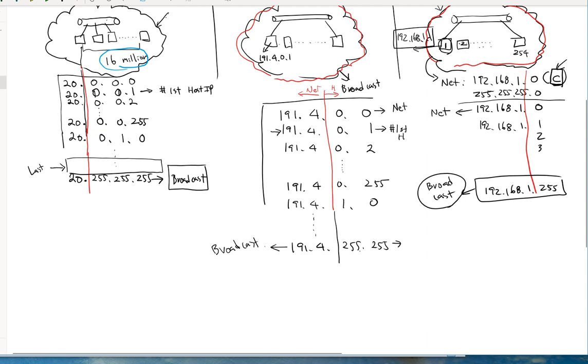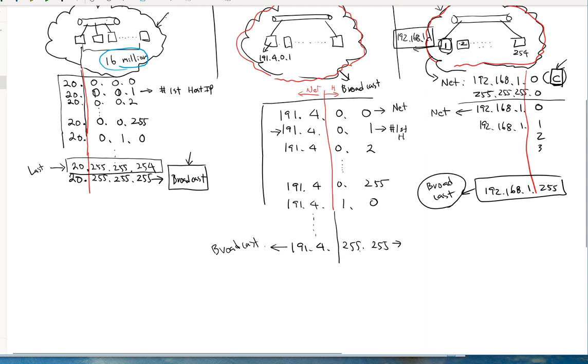So the tip is always: find the broadcast address first, and you subtract 1 from the broadcast address. So what is the last usable? 20.255.255. What? Any volunteer? Cornell? 254. Thank you very much.